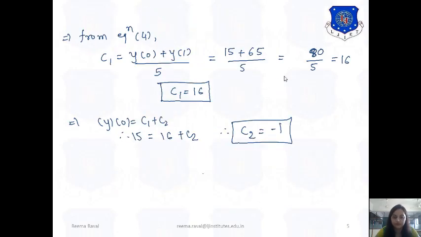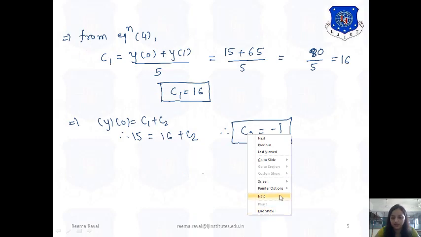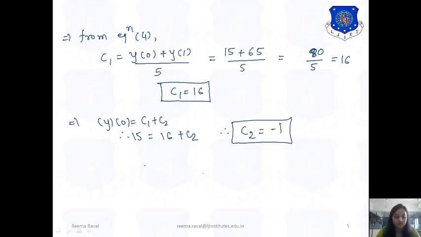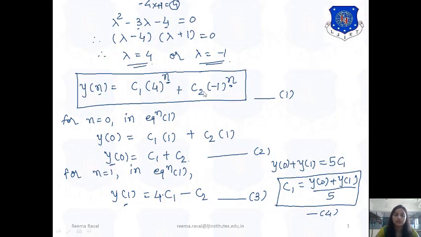Okay. So the final answer will be y of n equals C1, which is 16, into 4 raised to n, plus C2 into minus 1 raised to n.